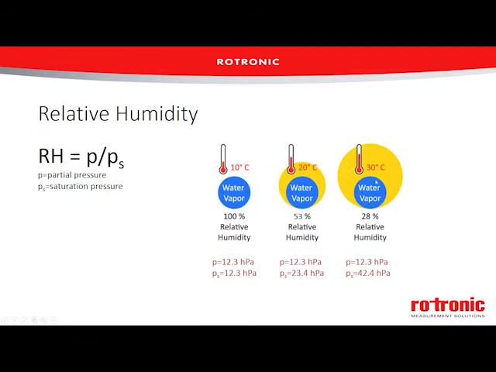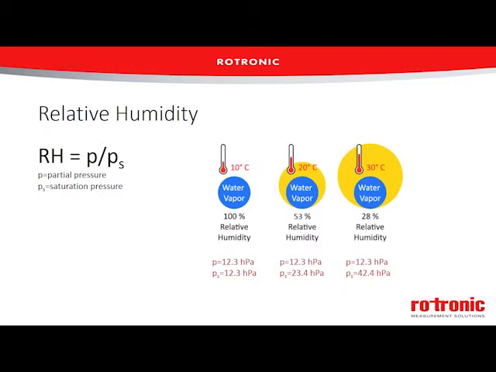And the reason it's relative is because it's relative to the temperature and the potential for air to hold water vapor. For example, on the right-hand side over here, if we have air at 30 degrees C and we have water vapor present that's quantified at 12.3 hectopascal, we divide 12.3 by 42.4 and we get 28%.